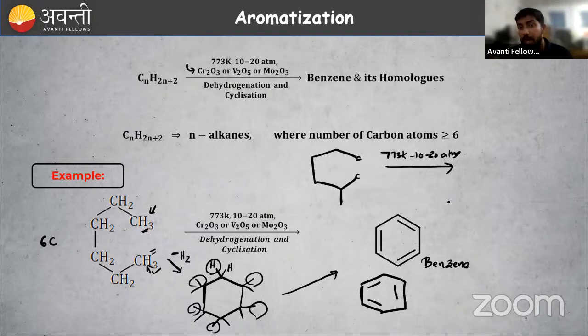You know how to name that. Then hydrogen is removed and double bonds will be formed. It will be a benzene derivative. So that is a homework question for you.